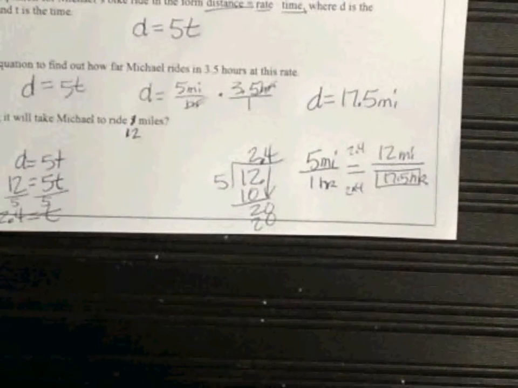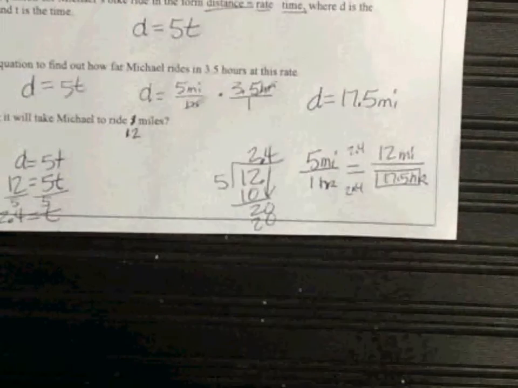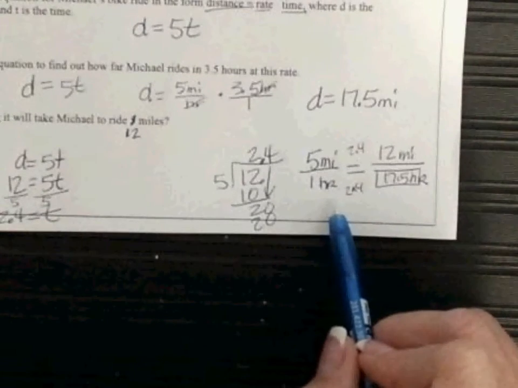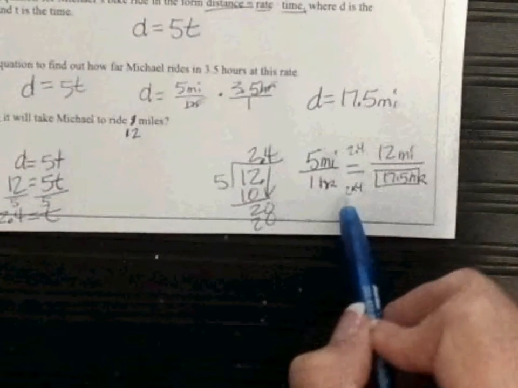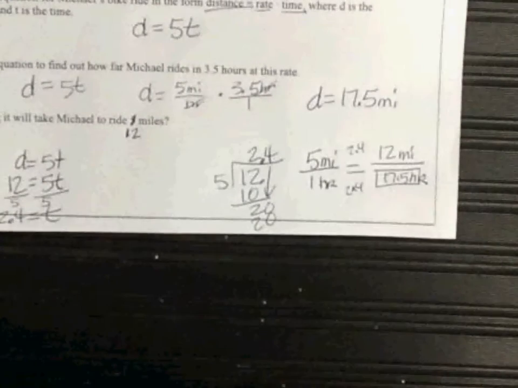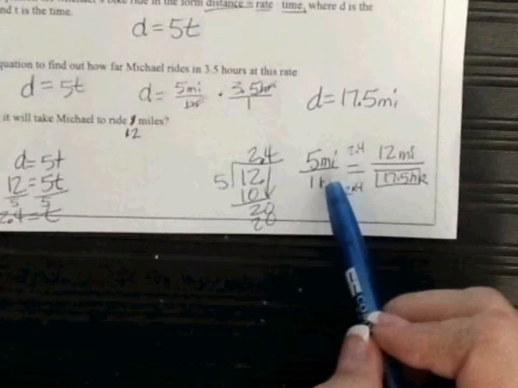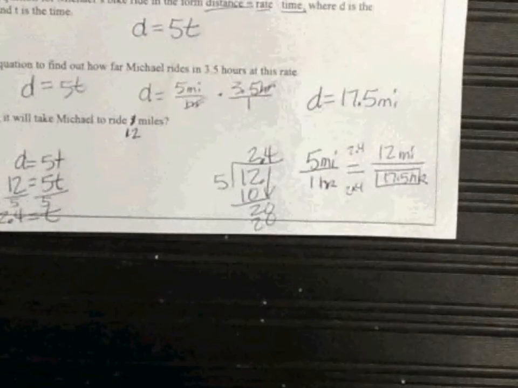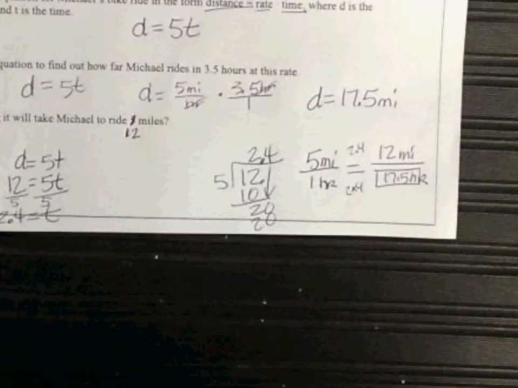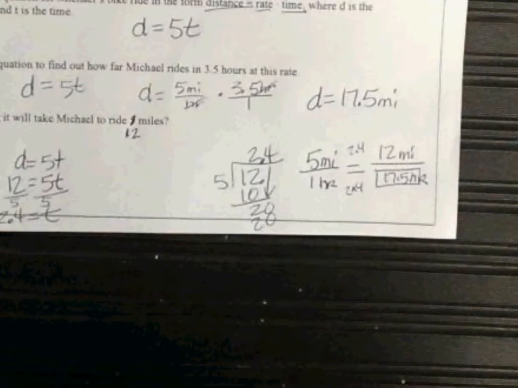Yes? How did 1 hour turn to 2.4? No, I multiplied. Oh, wait. How did that multiply to 17.5? Yeah, you're right. I did that wrong, didn't I? I think you're looking at 12 at the one right above it.